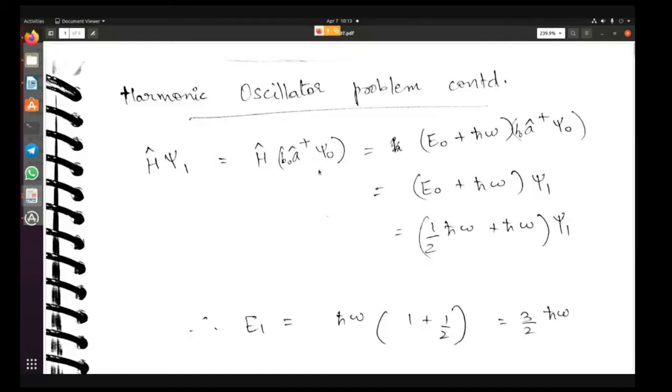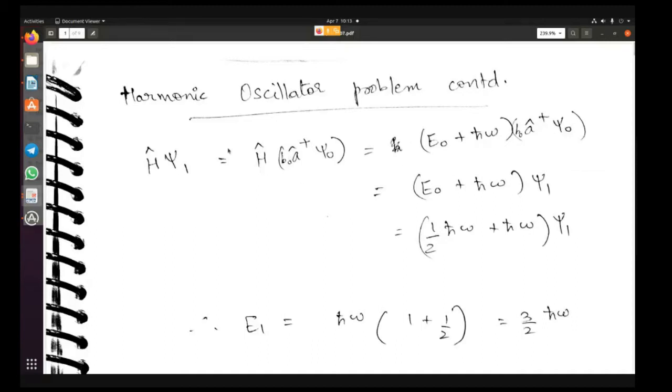So essentially this is similar to psi 1. So when I'm operating H, the Hamiltonian, on the wave function psi 1, I can write psi 1 as A dagger psi naught. So now if you apply H on A dagger psi naught.